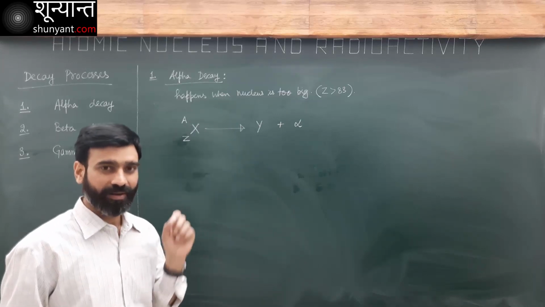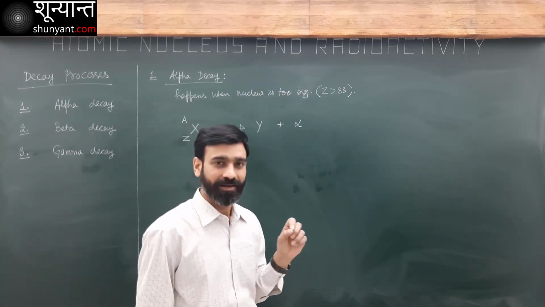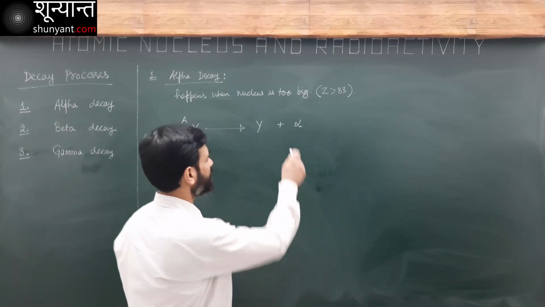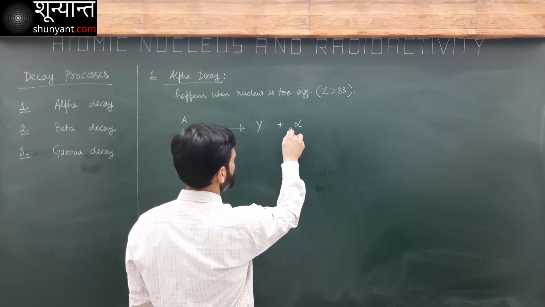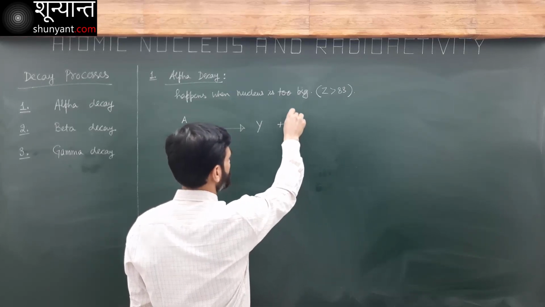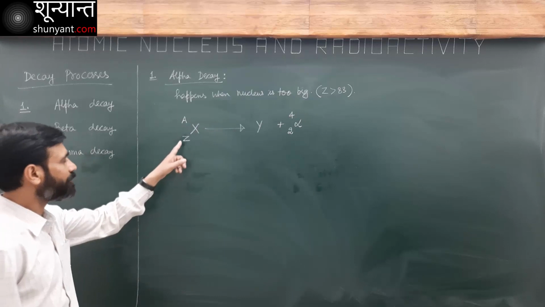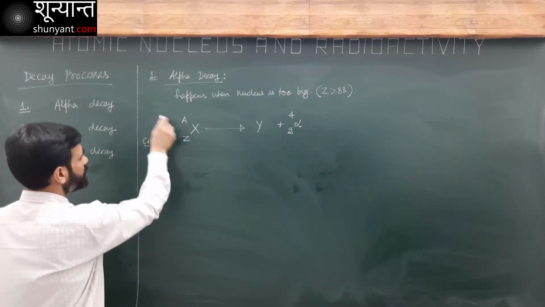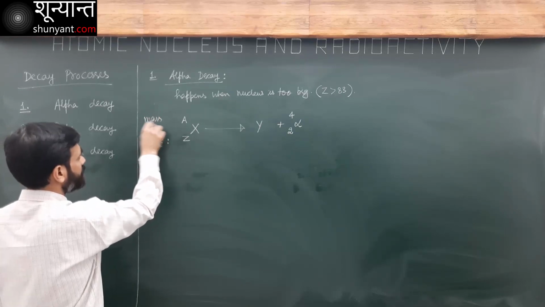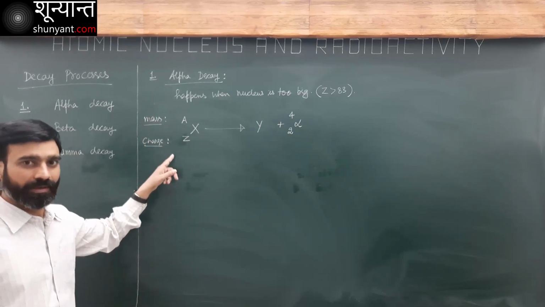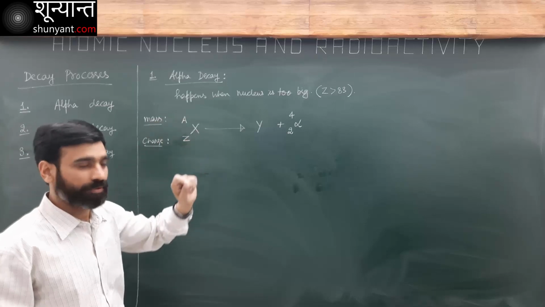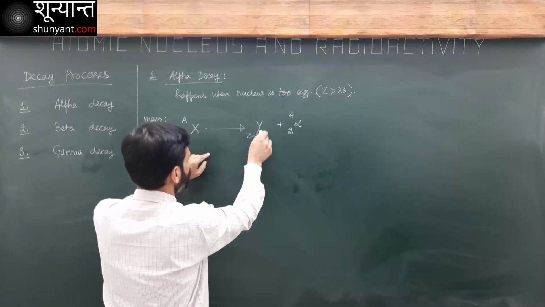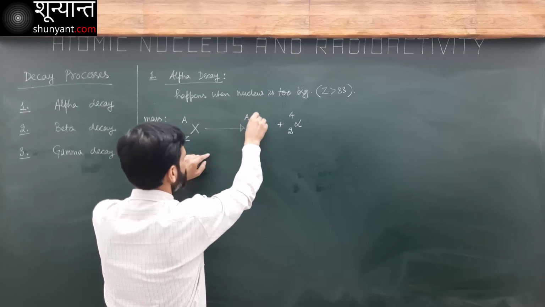Now what is an alpha particle? An alpha particle is the helium nucleus, so its number of protons is 2 and its mass number is 4. If I balance charge and mass both, this is Z, and if this is 2, this should be Z minus 2, and this will become A minus 4.